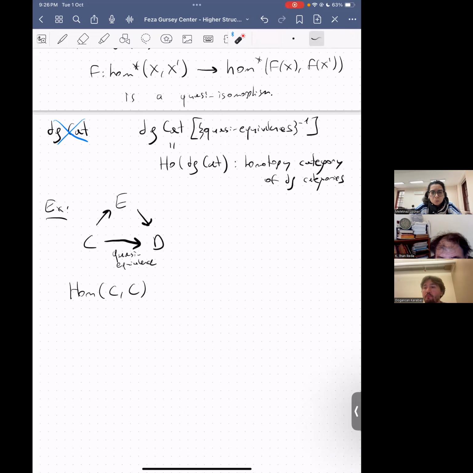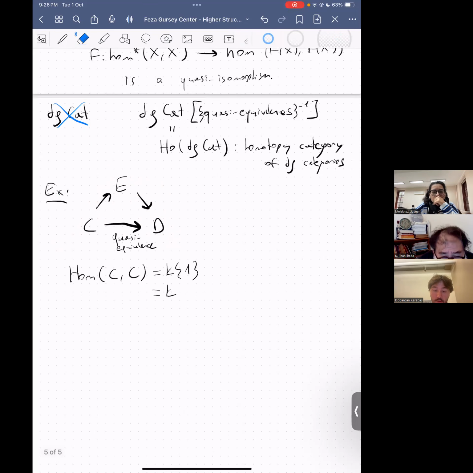I mean, what are the functors from C to C? I didn't draw them here, but there are identity functors, and they're multiples, so it's just K times identity. One dimensional, basically. Just identity, because there's no other arrow starting from C and ending in C. I can compose DG functors, I can compose this with this, but I get this. I don't get any functor from C to C here. Just the identity functor, which I didn't draw here. So the Hom space of C is one dimensional.